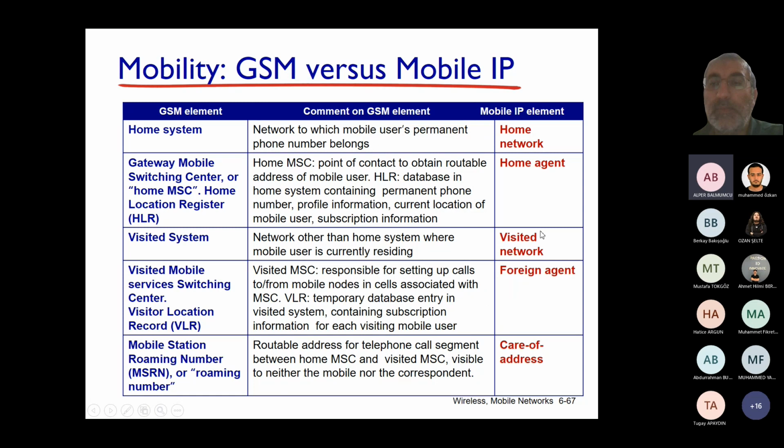We call it the visited network in mobile IP; the corresponding element is the visited system. The foreign agent in mobile IP corresponds to the visited MSC or VLR database, and the care-of address in mobile IP corresponds to the roaming number in the GSM literature.